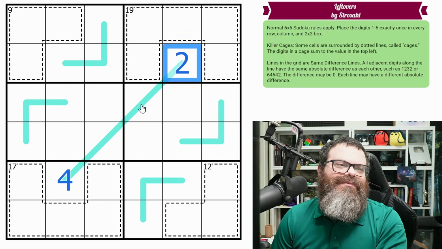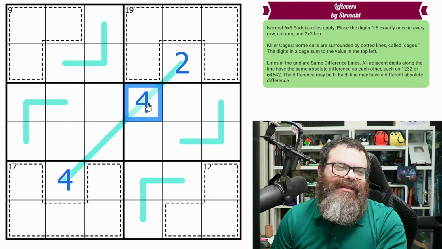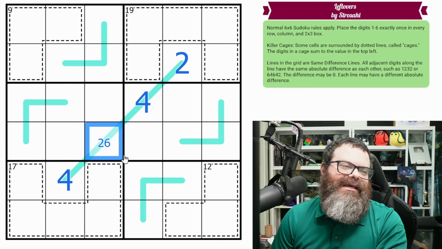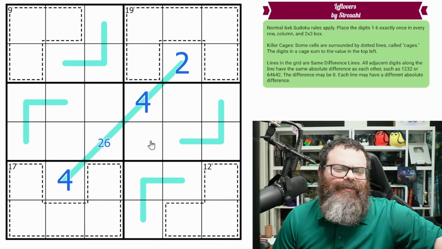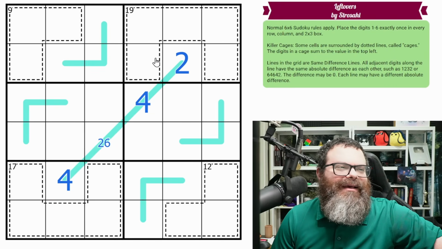Sorry, let's try that again. We go from 2 to 4. That's the only way to have a difference of 2. And then from the 4, we would go to 2 or 6, because it doesn't matter, because we could either add 2 or subtract 2 to get back down to 4. Okay. Sorry, that was a weird hiccup, but I got there.